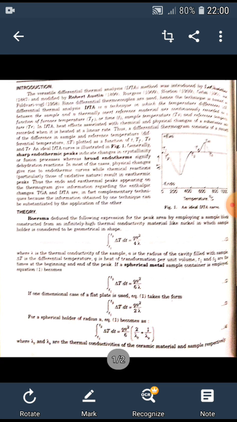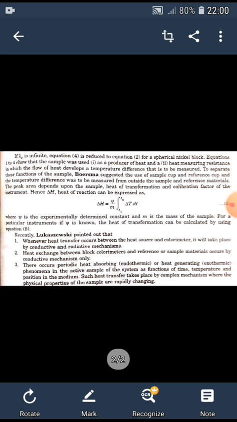For a spherical holder of radius a, the equation modifies to integration from T1 to T2 of delta T dt is equal to Qa squared upon 6 multiplied by 2 upon lambda C plus 1 upon lambda S, where lambda C and lambda S are the thermal conductivities of the ceramic material and sample respectively.